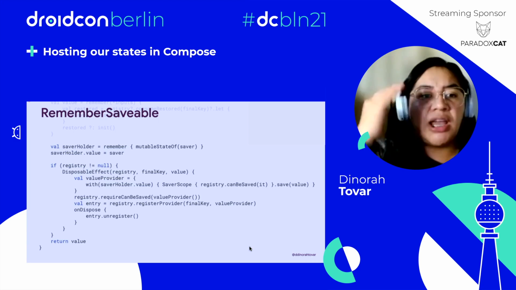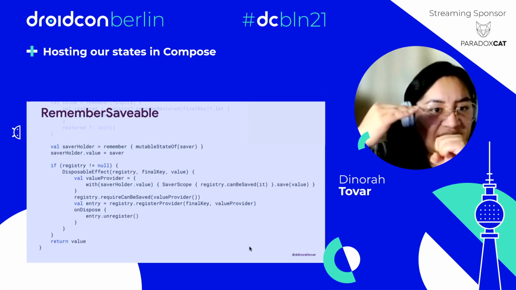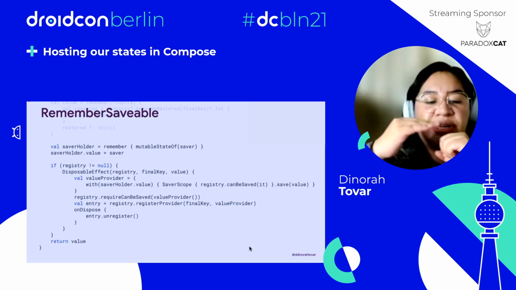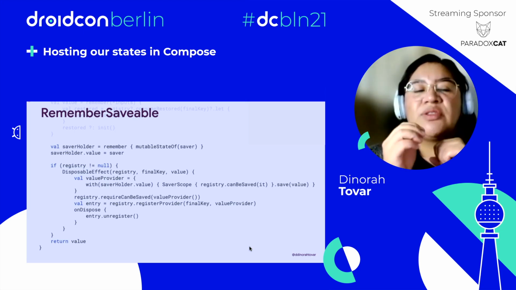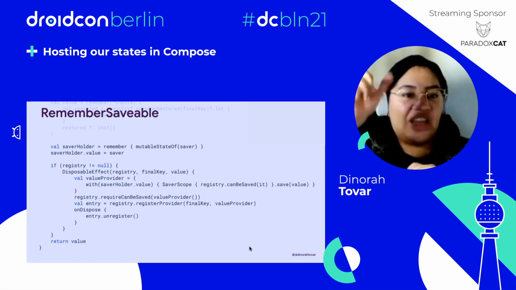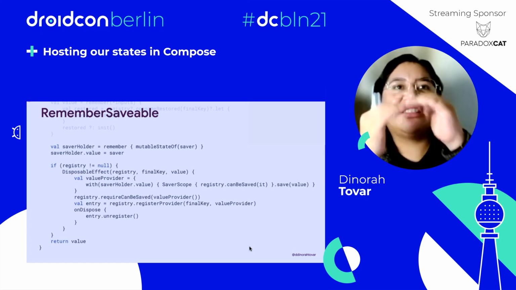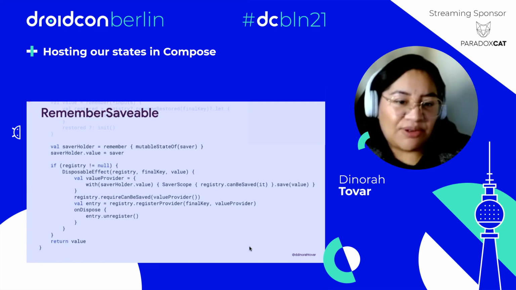We need to remember that the composable function also has this life cycle. So every time you get to the end of your composable function, if you want to forget the remember, you need to make sure that you are telling the composable function that we no longer want it, and we need to remove it.